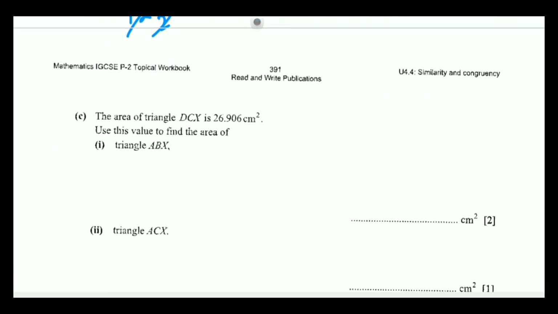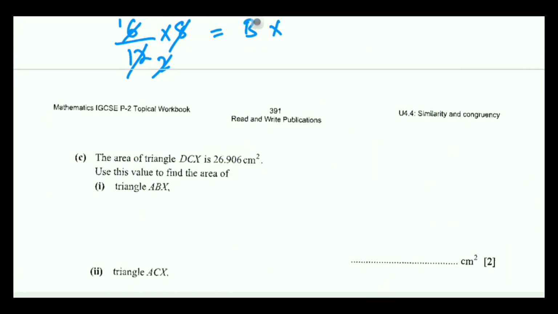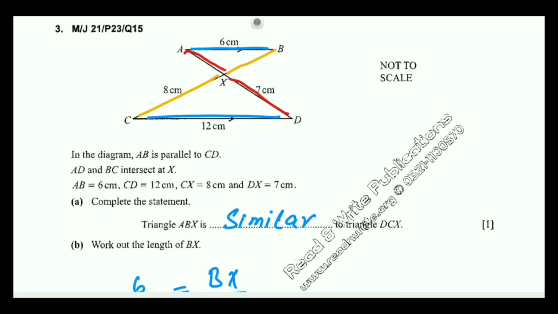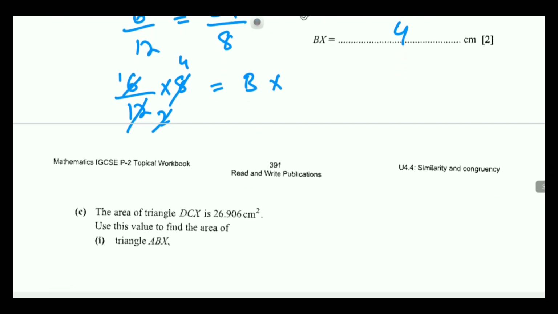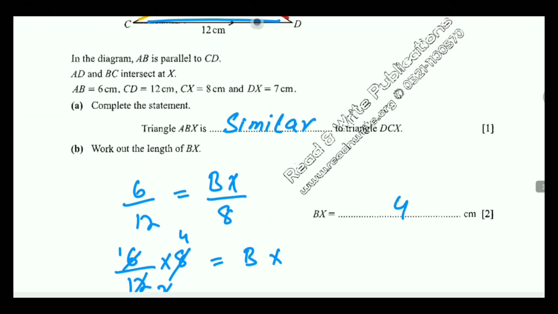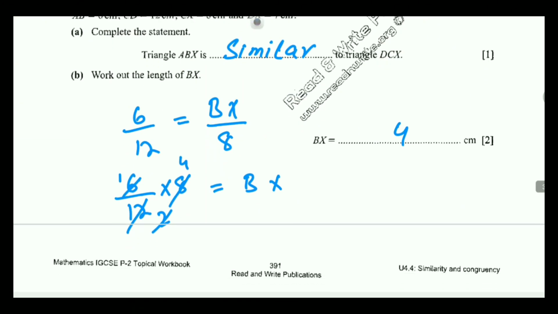The area of triangle DCX is 26.906. Use this value to find the area of triangle ABX. So area of triangle DCX is given to you. DCX, okay, the larger triangle, and we are going to find the area of smaller triangle ABX.